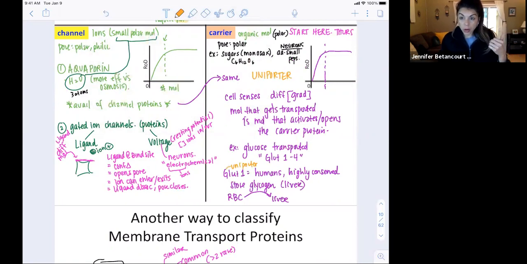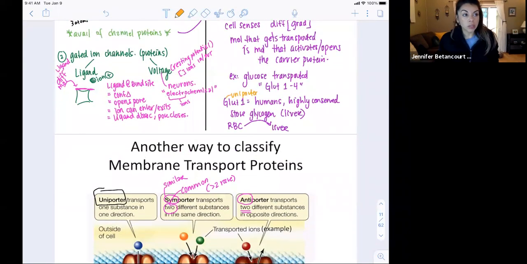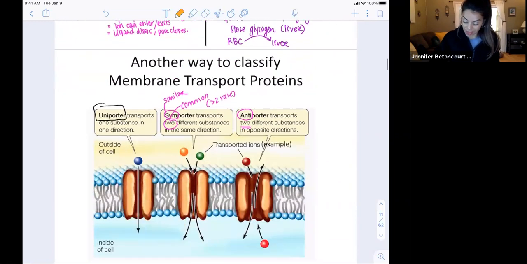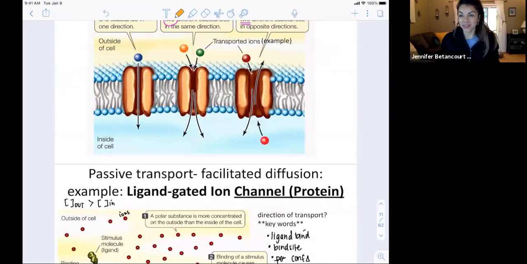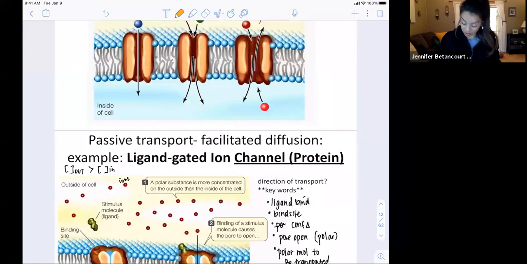You can call it a carrier protein, you can call it a uniporter. So the carrier protein would more so describe the type of membrane protein it is, and then the uniporter would describe the type of transporter protein it is. I know, it's not very straightforward. Well, it is straightforward, it's just there's lots of options.